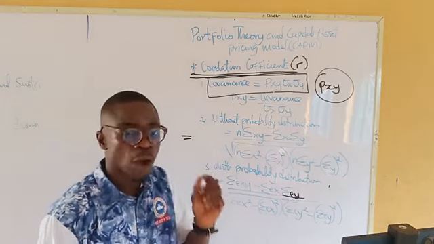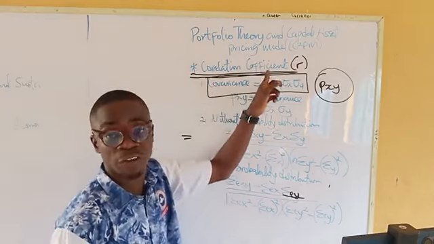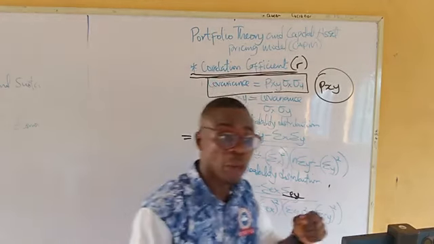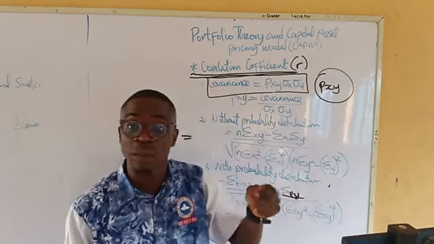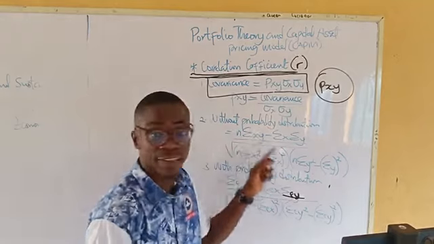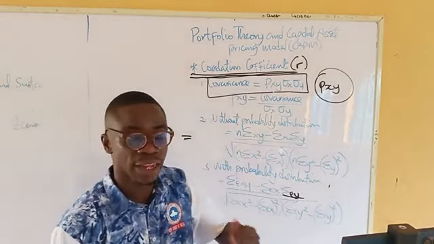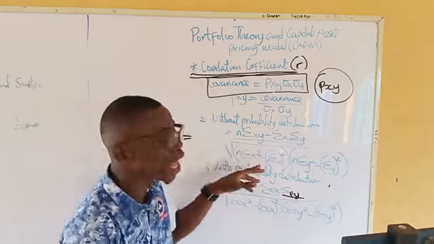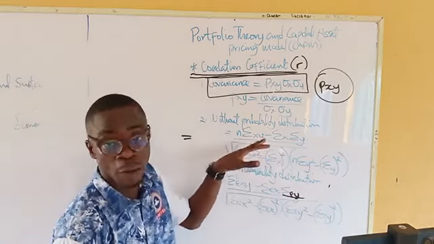Don't forget, the essence of calculating the correlation coefficient is to establish or determine the relationship between two variables. What are the two variables? X and y. That's the reason why you are seeing x and y in the formula that we are putting on the board.